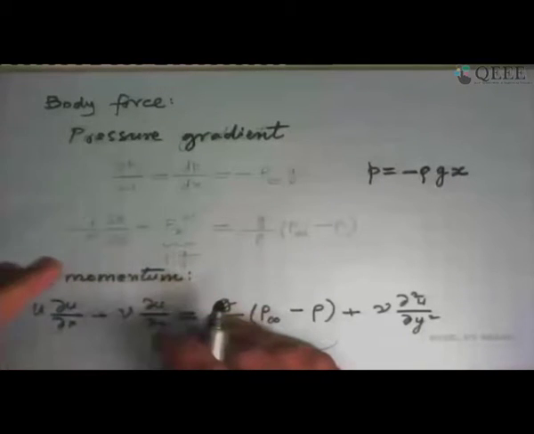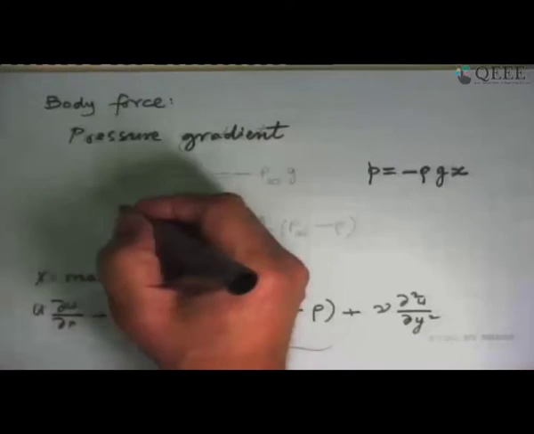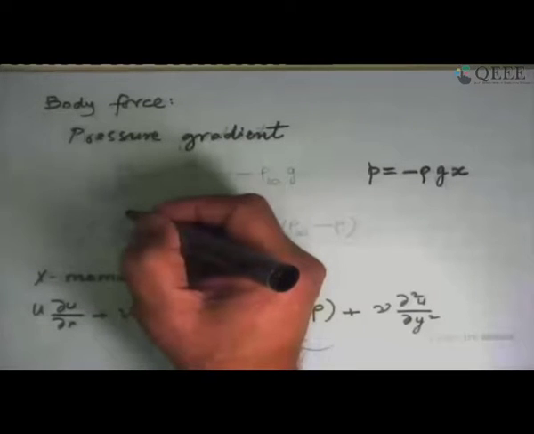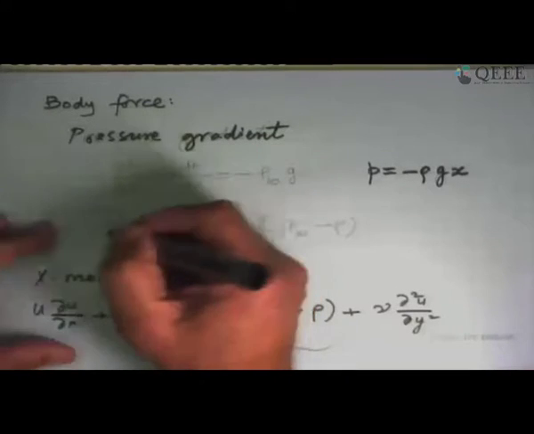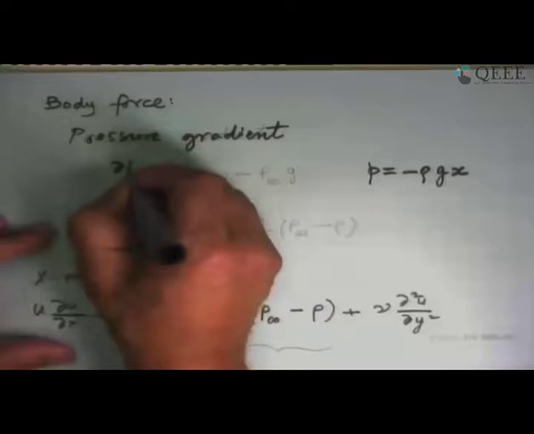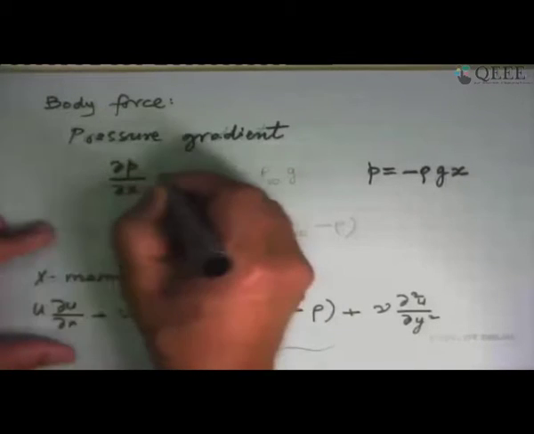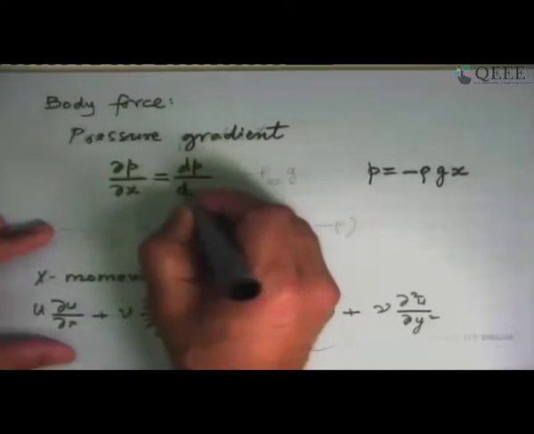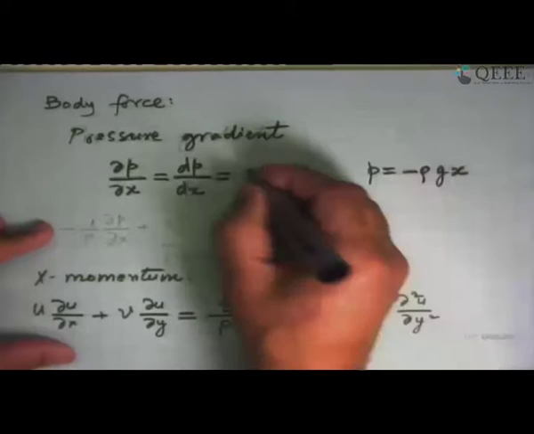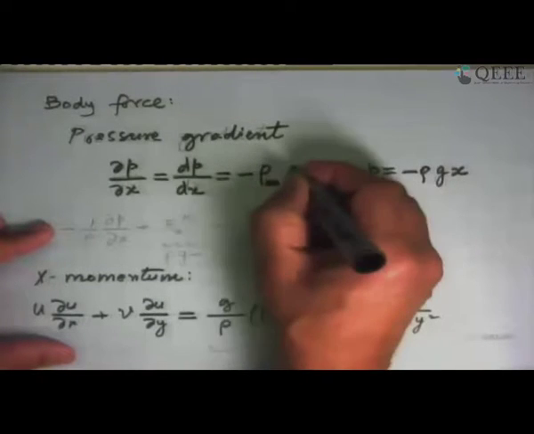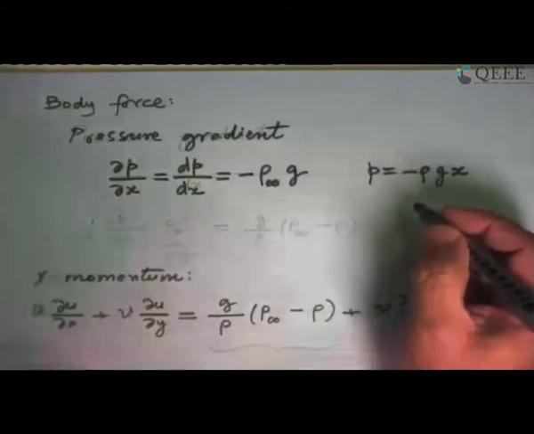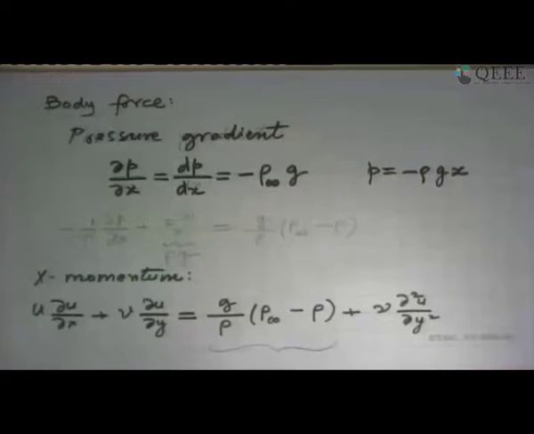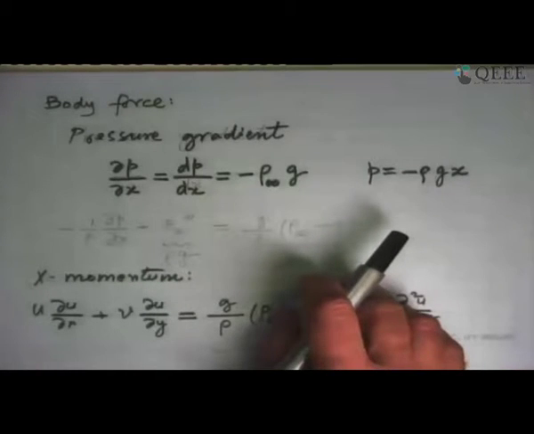And if we differentiate it and say that the only dominant pressure gradient in this problem is in the x direction, that dP dy, dP dz are very small, then we say the partial derivative of P with x can be written as dP dx. And this, from this equation, is minus rho infinity into G, where rho infinity is the density far away from the fluid. So that is the enforced pressure gradient on this problem.